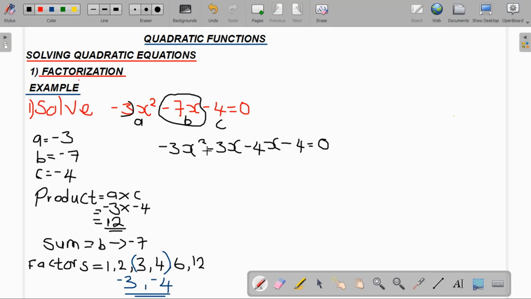When we say negative 3x minus 4x to give us negative 7x, we have split this negative 7x into 2.